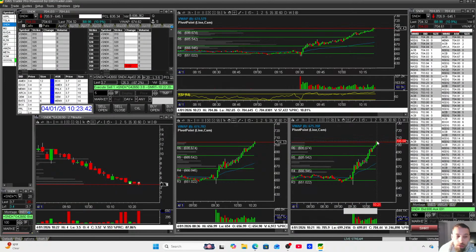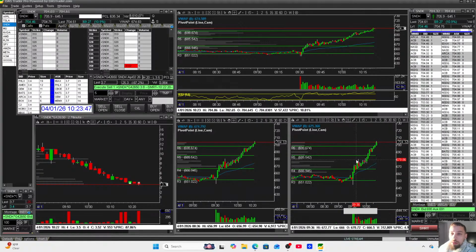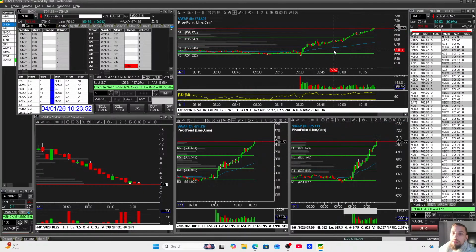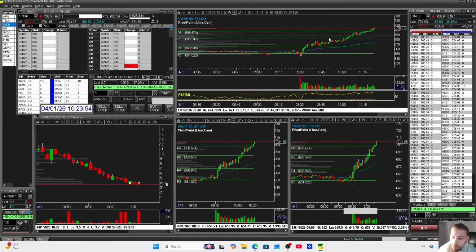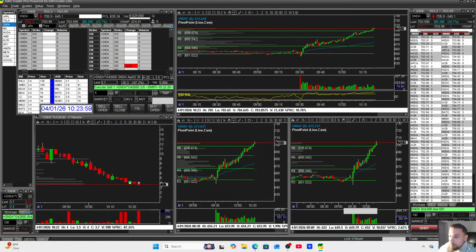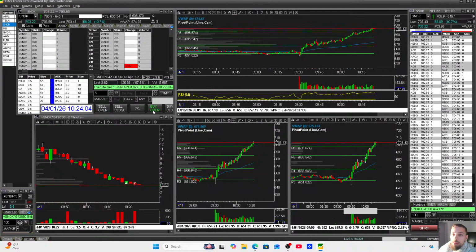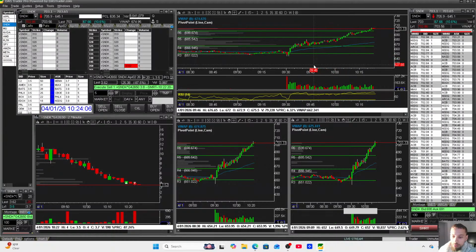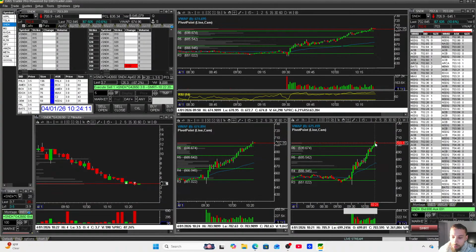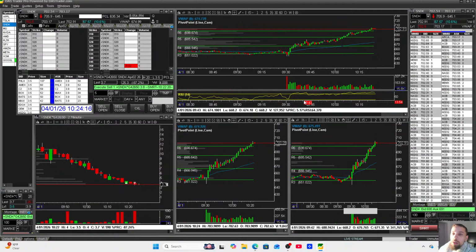Price action seems to really be slowing down. Three minutes, pretty bullish with increasing volume. Should expect it to keep pushing up here.